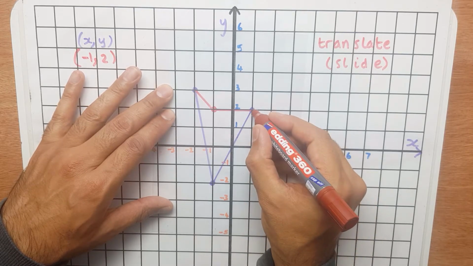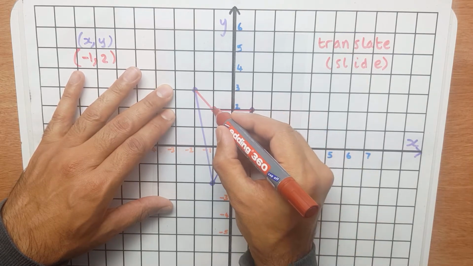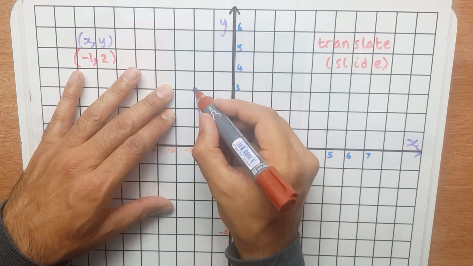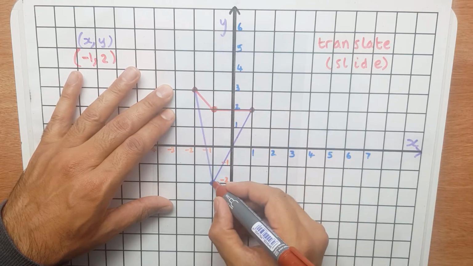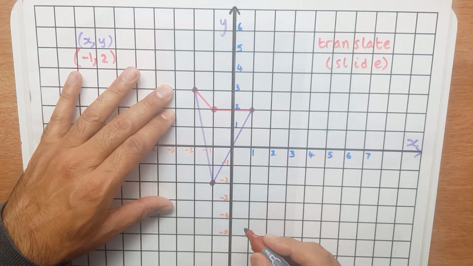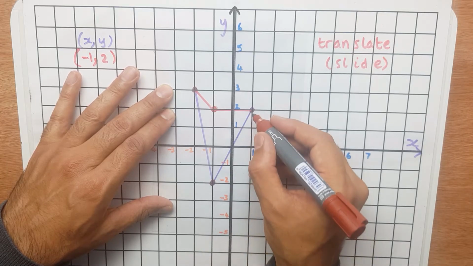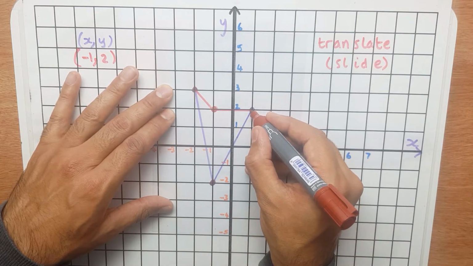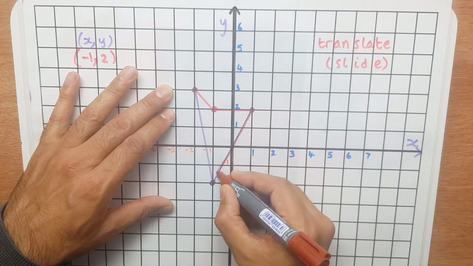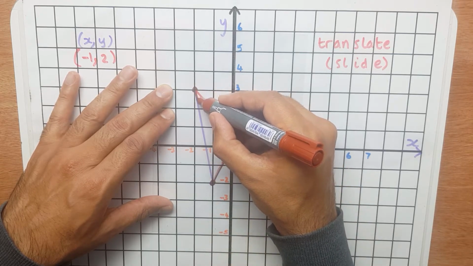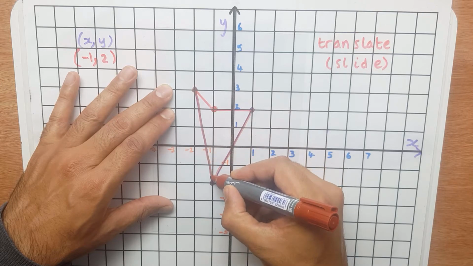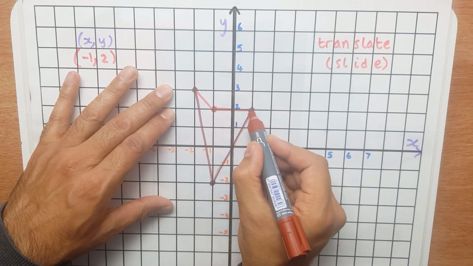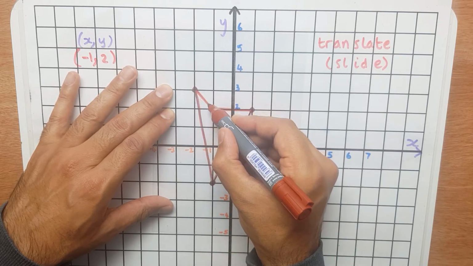So I'm going to carefully mark the corners or the vertices on this shape. Now what I could do to make it easier to see is I could just trace over very carefully, so it makes it easy to see the shape when I'm moving it.